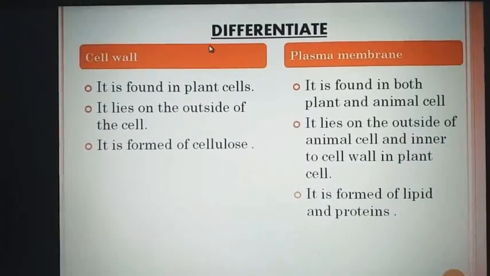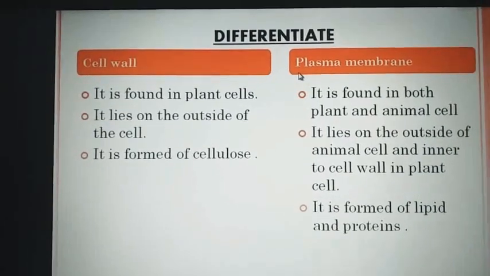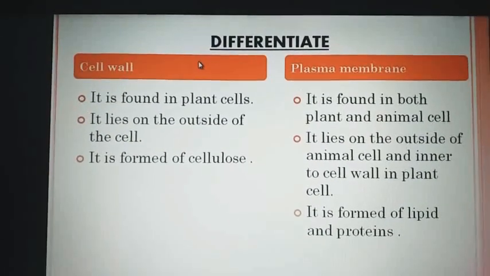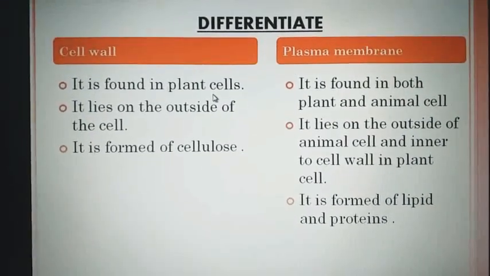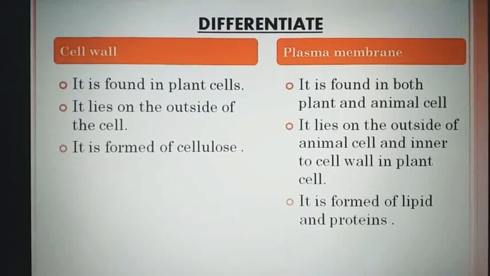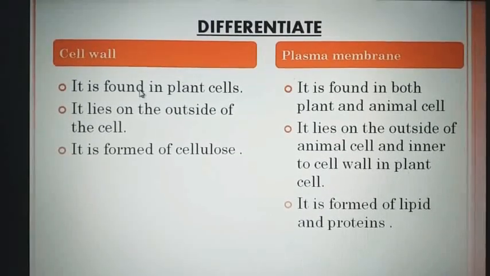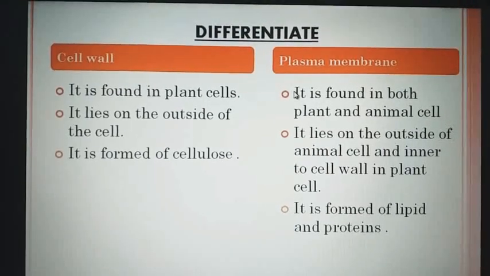Now, what is the difference between the cell wall and plasma membrane? This type of question may be asked in your examination. The cell wall is mainly found in plant cells. So, wherever you are asked to write the difference between a plant cell and an animal cell, you can write as the first difference that the plant cell contains a cell wall, whereas the cell wall is absent in animal cells.